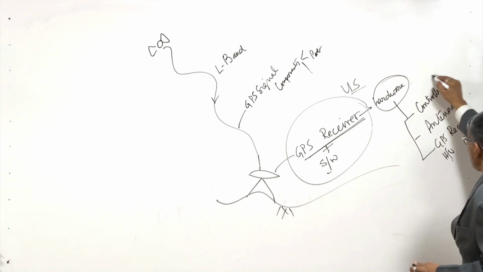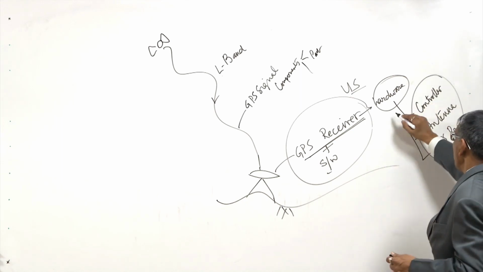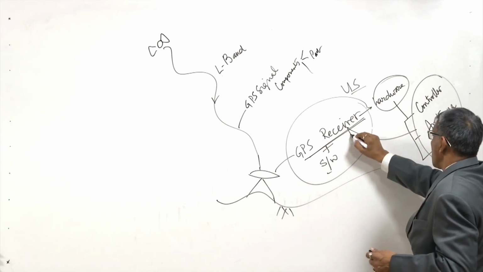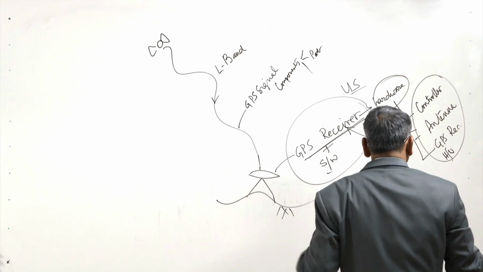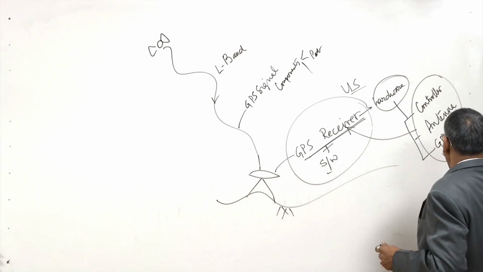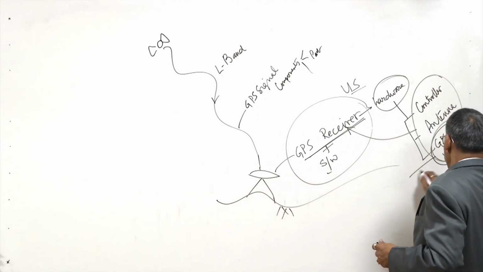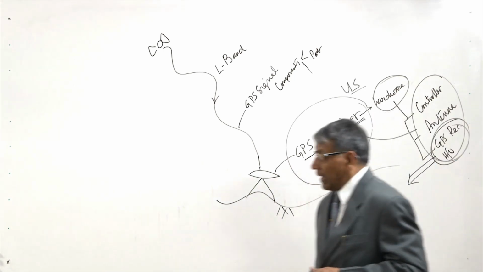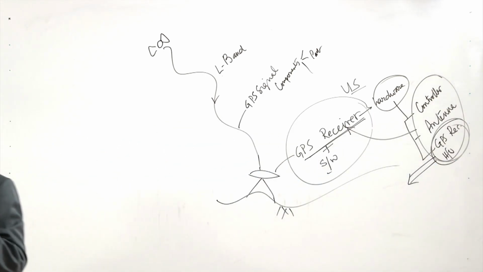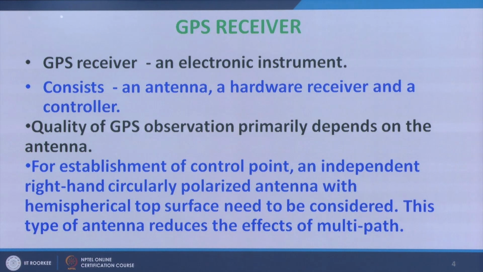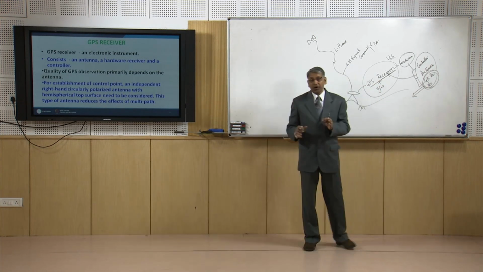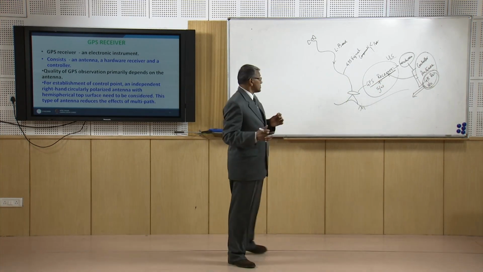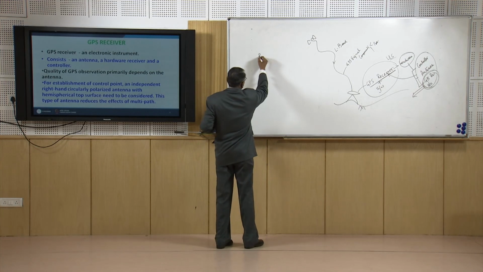So these are the three parts which constitute the GPS receiver. Now this receiver hardware, depending upon which part of the signal it can decipher, on the basis of that the type of GPS receiver depends.